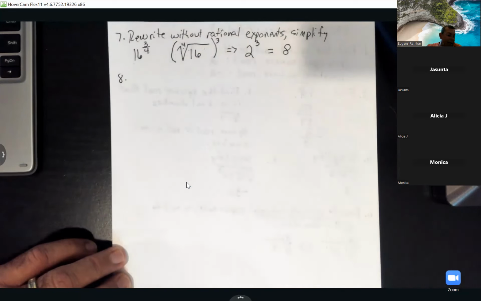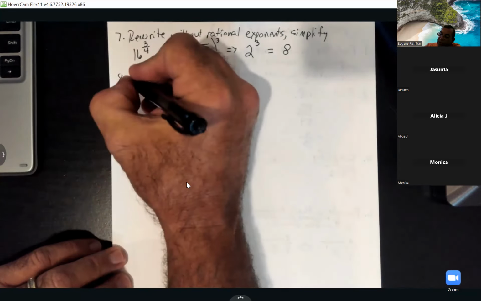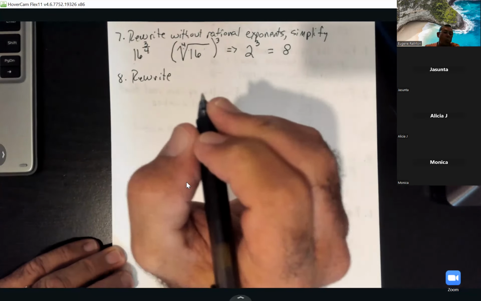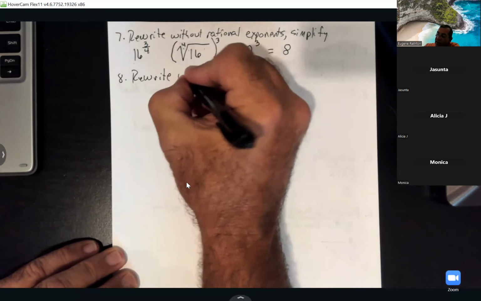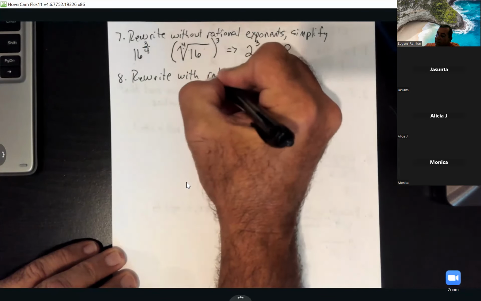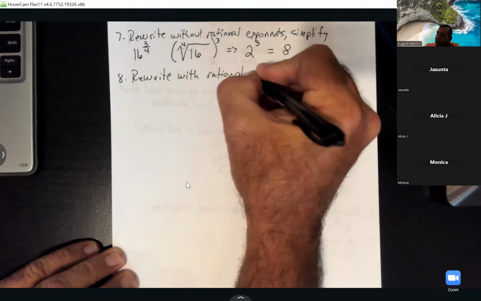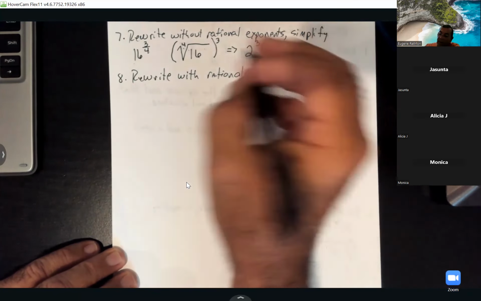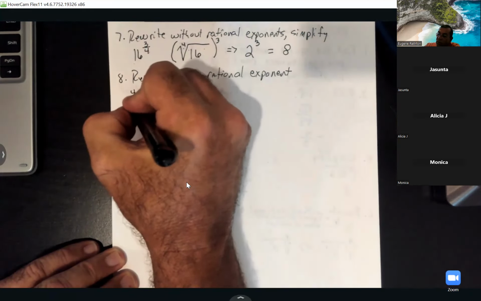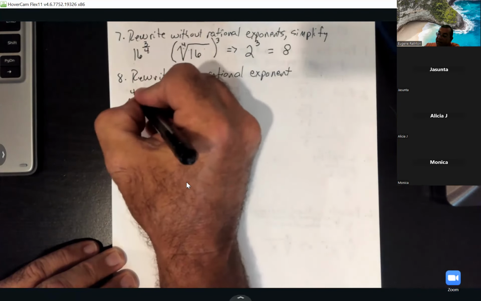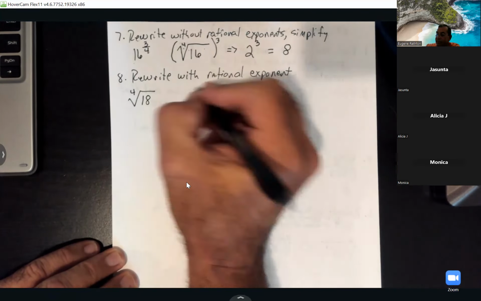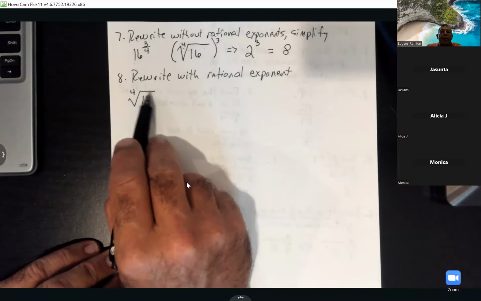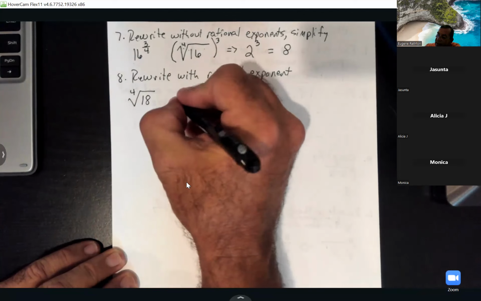All right, so number 8 goes the other way. It wants me to rewrite with a rational exponent. And they're giving me the 4th root of 18. So 18 is your base. So bring out the 18.